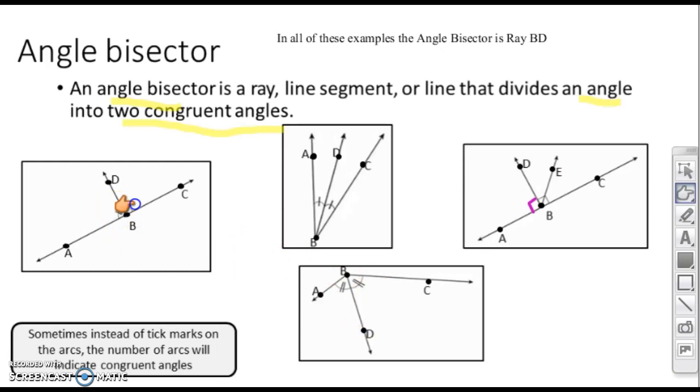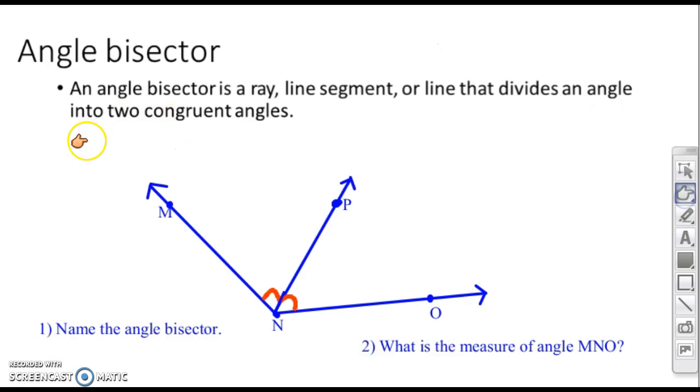Now you'll notice that these are marked with arcs and tick marks. You don't always have to use the tick marks. Sometimes you'll just have the same number of arcs, and I'll show you that in another slide. So sometimes we use arcs with tick marks, and sometimes we just use arcs, but they indicate congruent angles. So here's an example. I have angle MNO, and then I have ray PN.